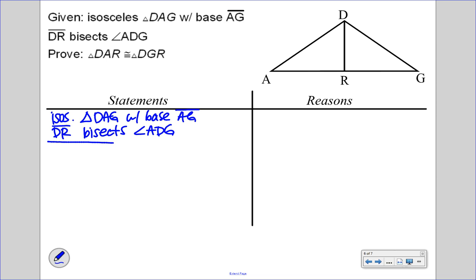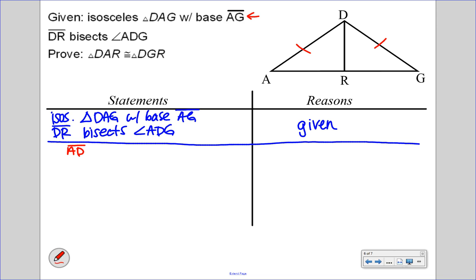And that's our given. Let's look at our first statement. We have an isosceles triangle. If we have an isosceles triangle, we can say that these two sides are congruent to each other. So we can say that AD is congruent to GD. And that's our definition of isosceles triangle.